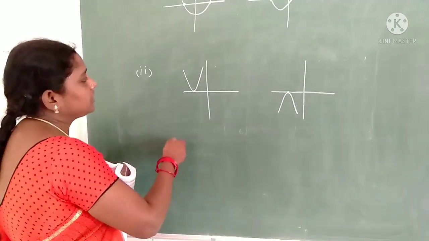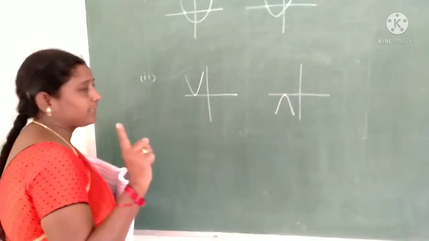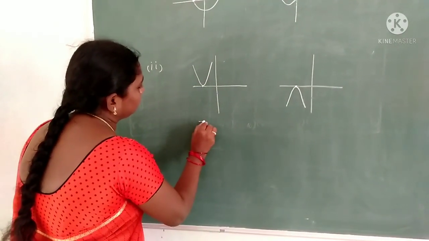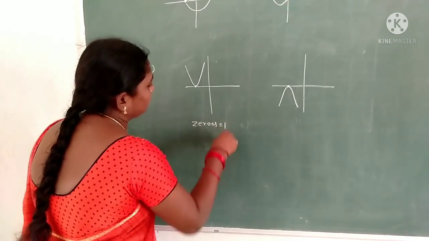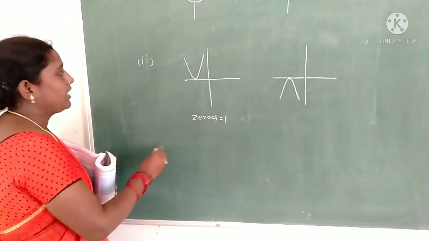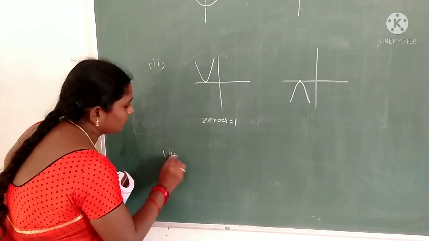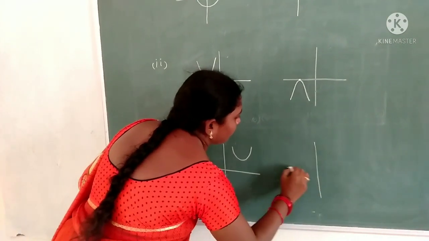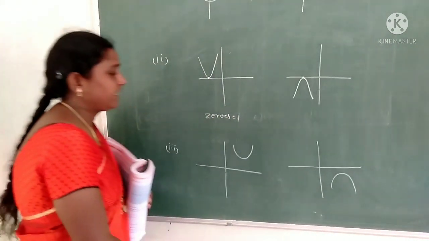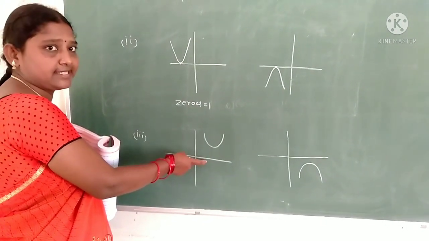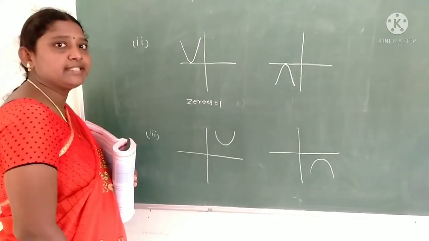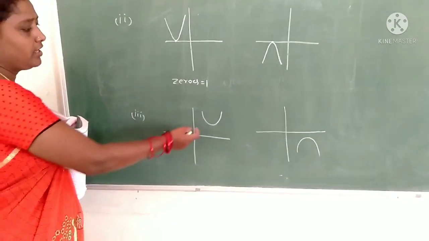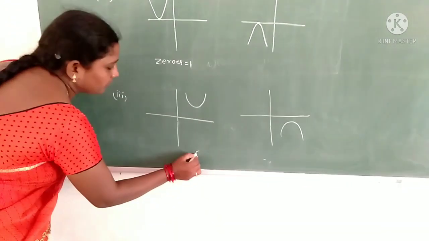It means the polynomial has 1 zero. Next, third case. The graph does not touch the x-axis. It means the quadratic polynomial has no zeros.